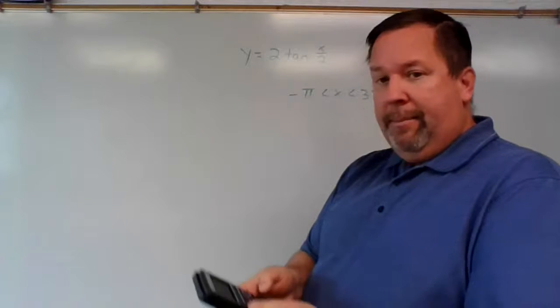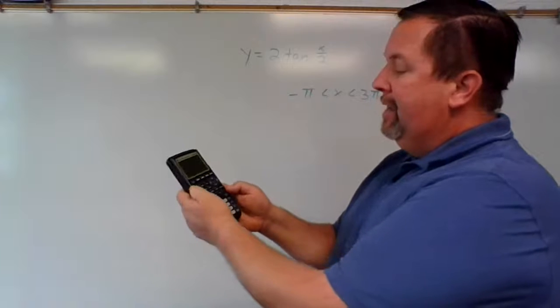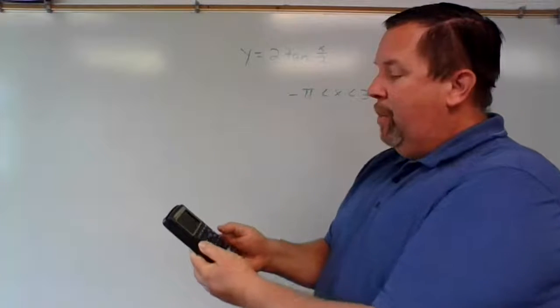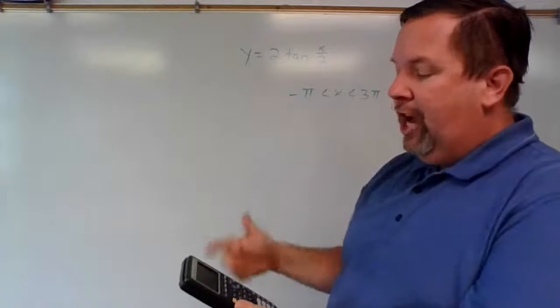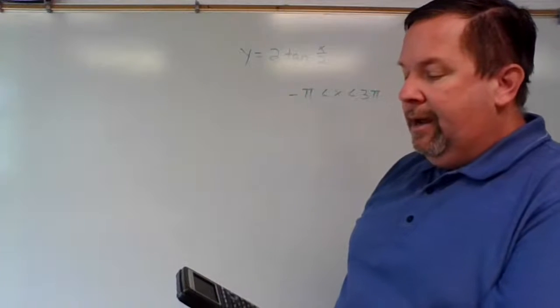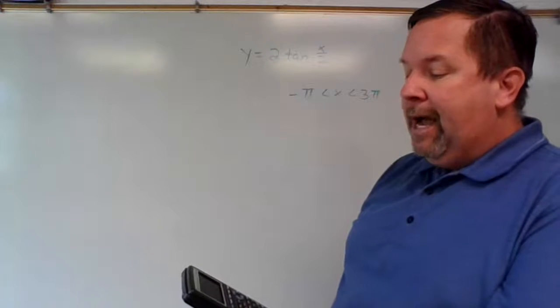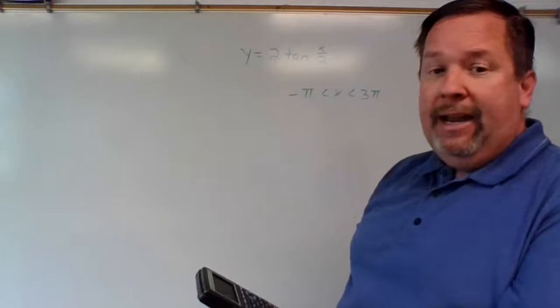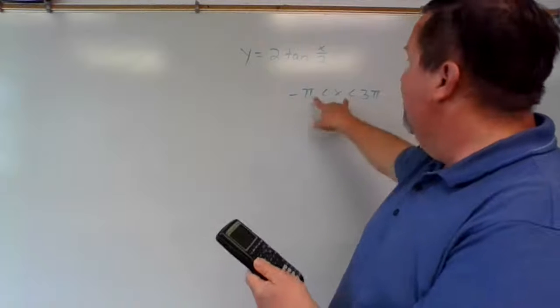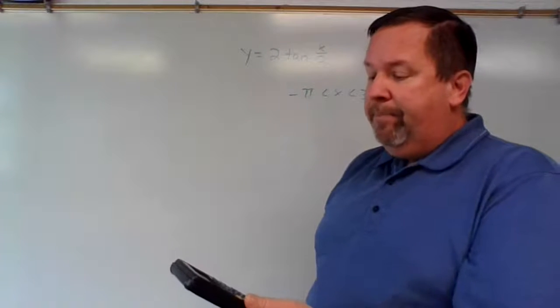That's the second button, right above the caret symbol: negative pi. When we go down to X max, it may change it to say negative 3.141592, whatever. We'll go to X max and put in positive 3 pi as my X max. So this is literally going to show me just what I'm supposed to graph for my homework.